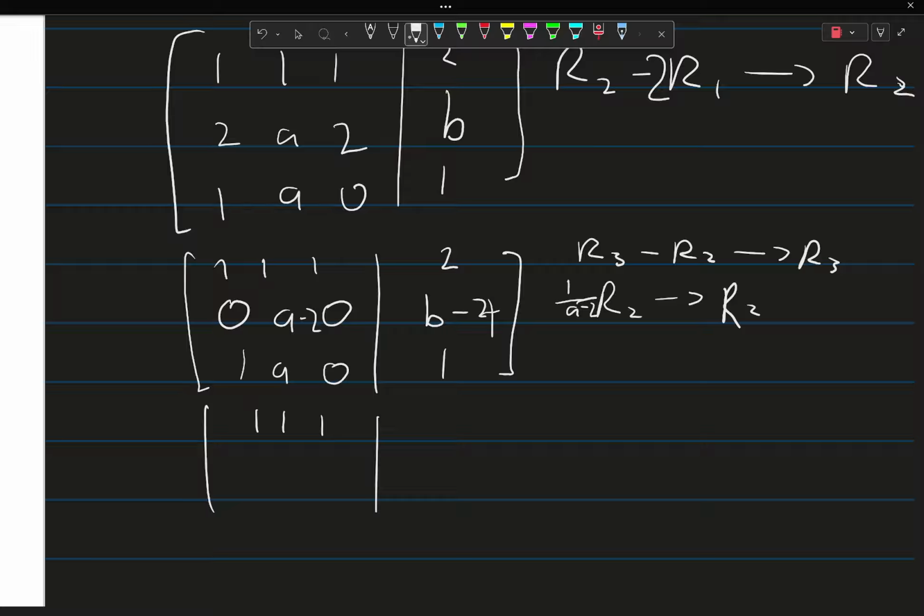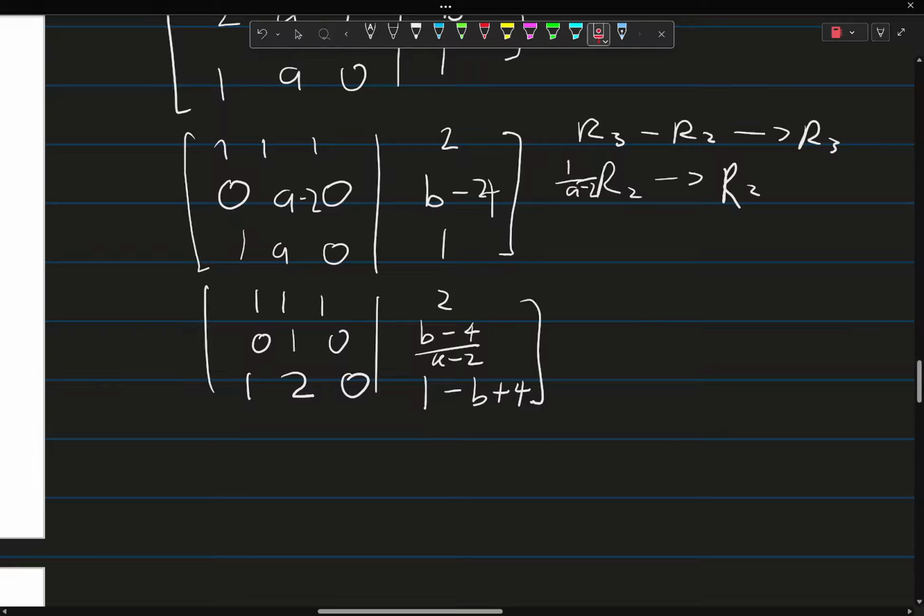So 1, 1, 1, 2. We have 0, 1, 0, b minus 4 over a minus 2. So we have 1, positive 2, 0, 1 minus b plus 4. We're allowed to divide by a minus 2, because, yeah.